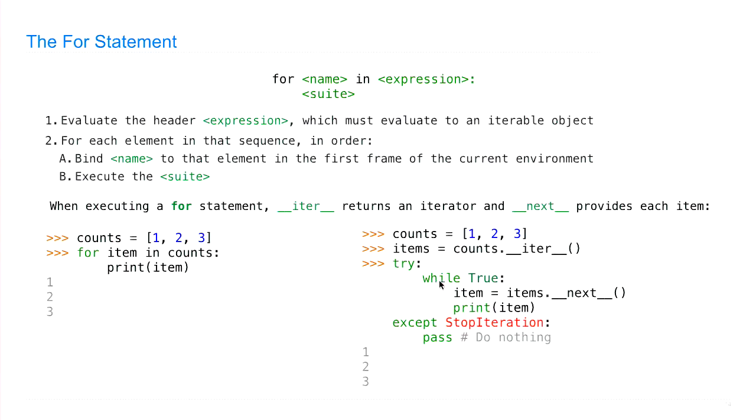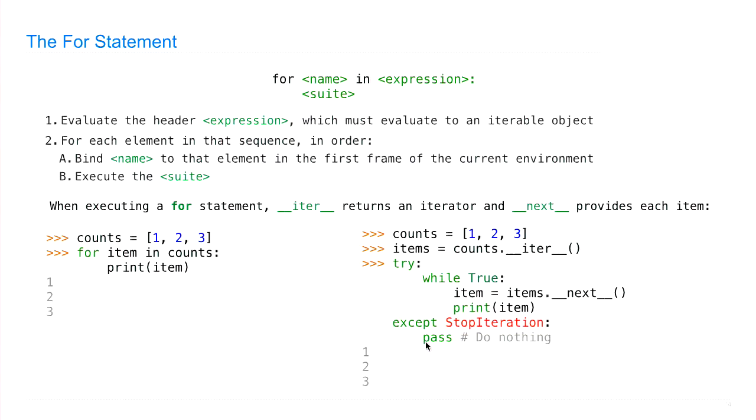And then, forever, I'm going to get the next item in items, which changes items to now point to something later. And then we can actually put the body of the for statement, which is print item, right there. And we keep doing this until somebody raises a StopIteration. If you have a StopIteration, well, then you're done.